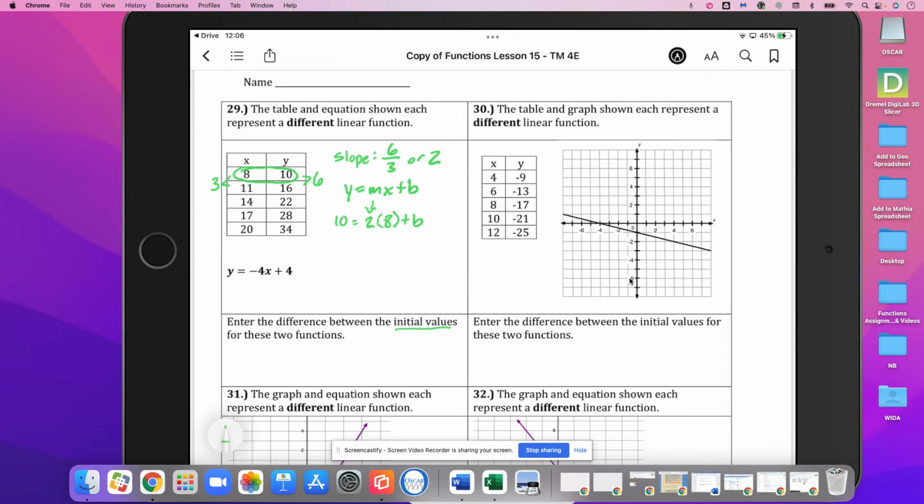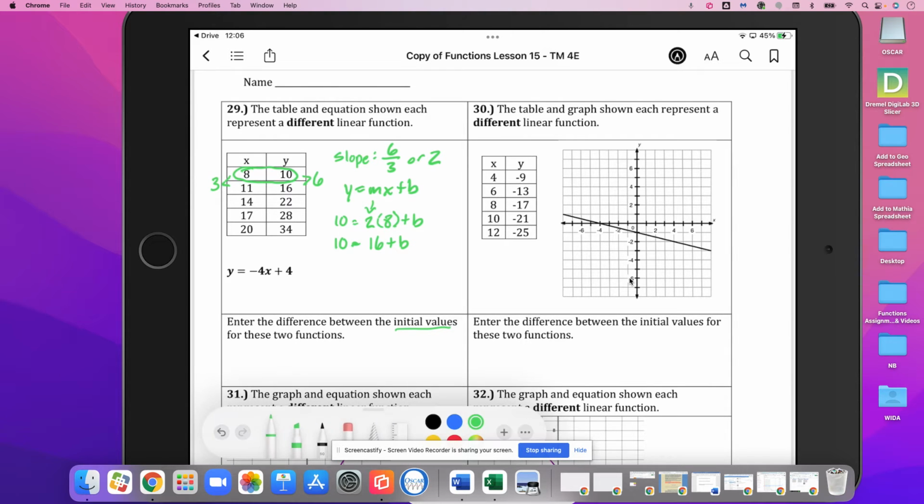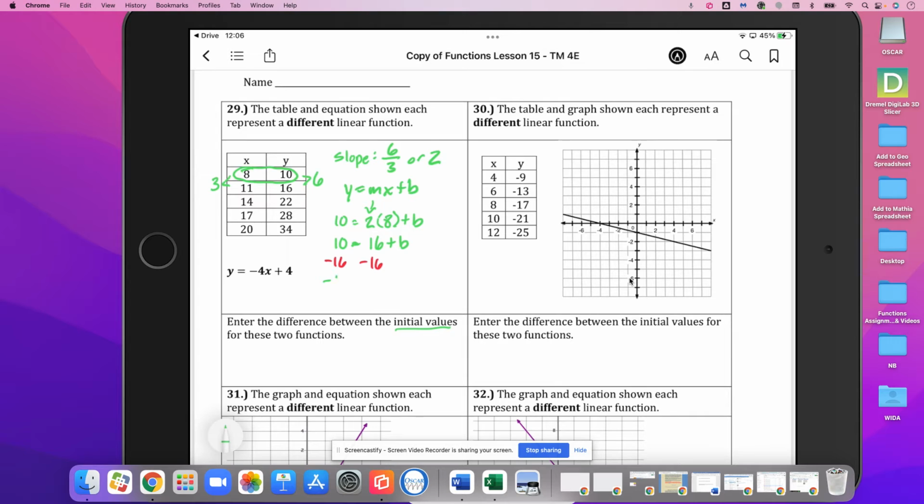That leaves me with the b to figure out. So I'm going to have 10 equals 16 plus b. And so solving it for b, we subtract 16, and we get negative 6 is equal to b.